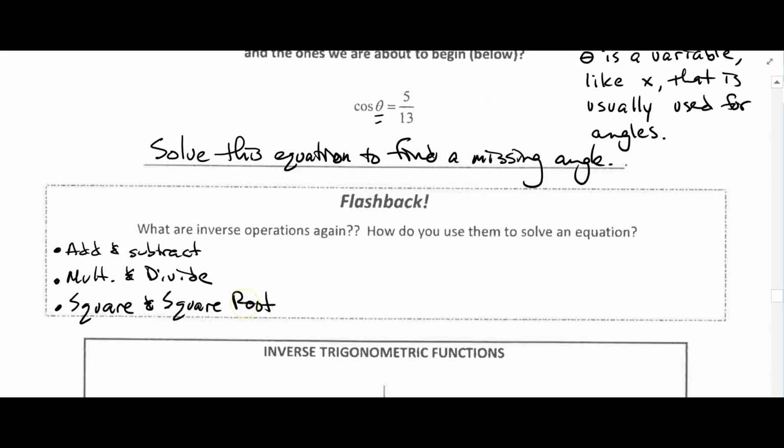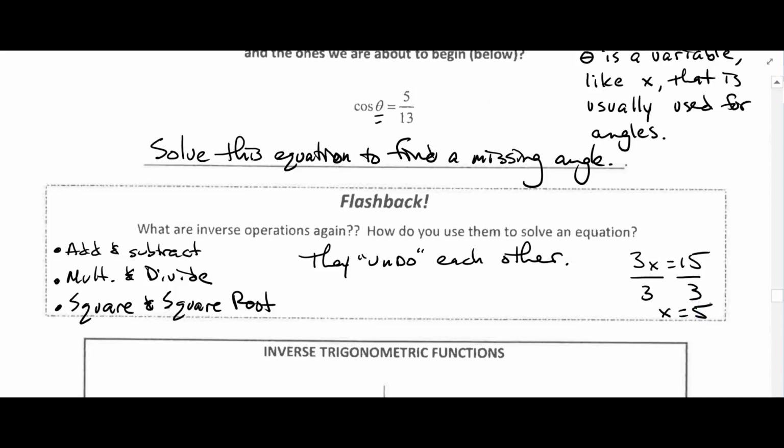Those are also inverse operations. They undo each other. So how to use them to solve an equation? Well, they undo each other. Alright, so when we're solving a simple equation, if we have 3x equals 15, and we want to undo this multiplication, we undo it with division. And we would just get x is equal to 5.